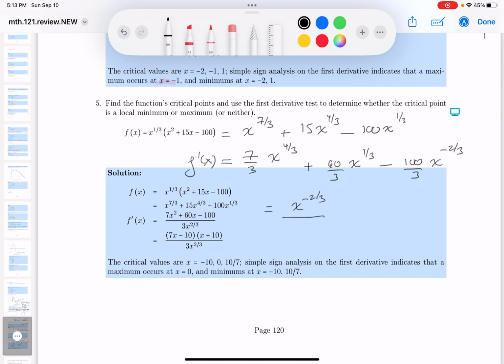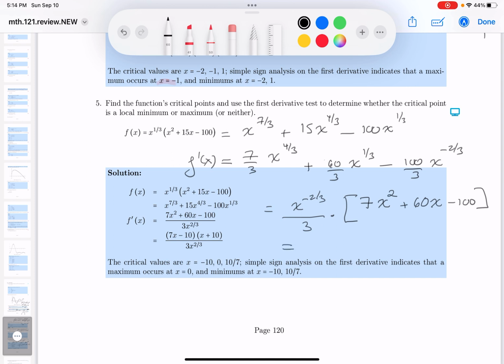And I'm going to factor out a 3 from the bottom. What are you left off with? You got a 7 x. Let's see what you get there. You get 6/3, right? 6/3 is 2. Plus 60. And I pull that minus 2/3, so I'd have 3/3. 3/3 is 1. And then minus 100.